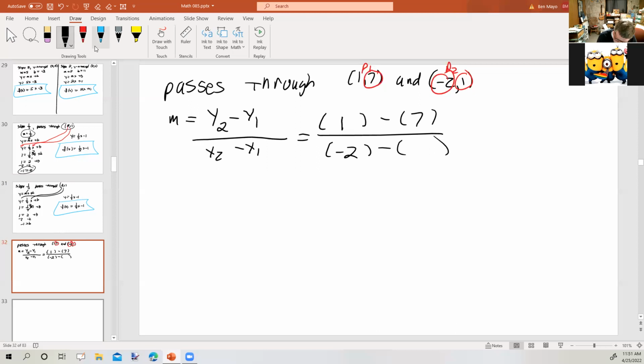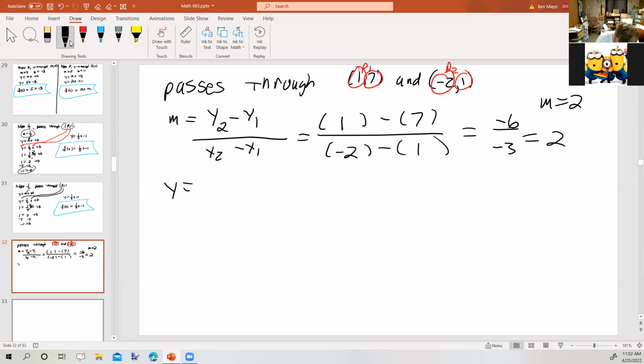And x sub 1 would be the x value of point 1, which is 1. So then we've got what? 1 minus 7, which would be -6. -2 minus 1 would be -3. -6 divided by -3 is +2. So now we know the slope is 2, okay?